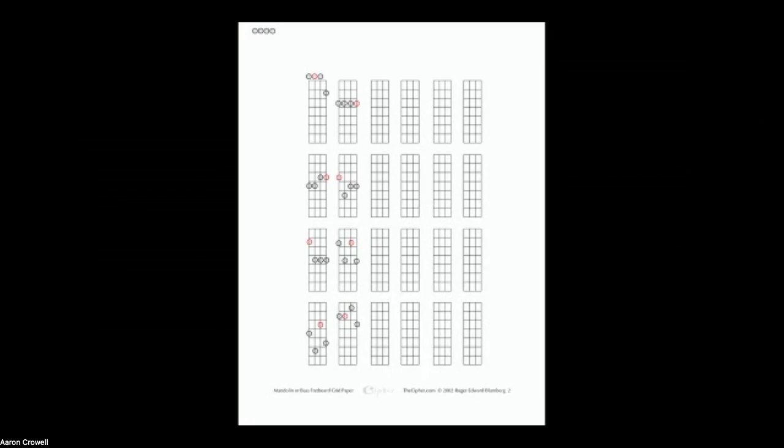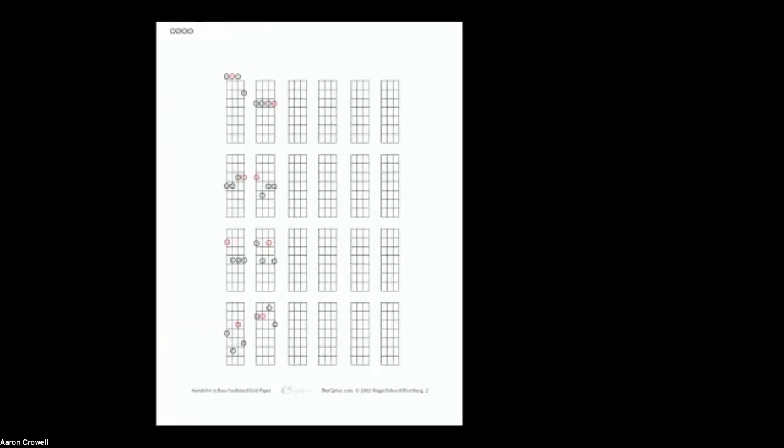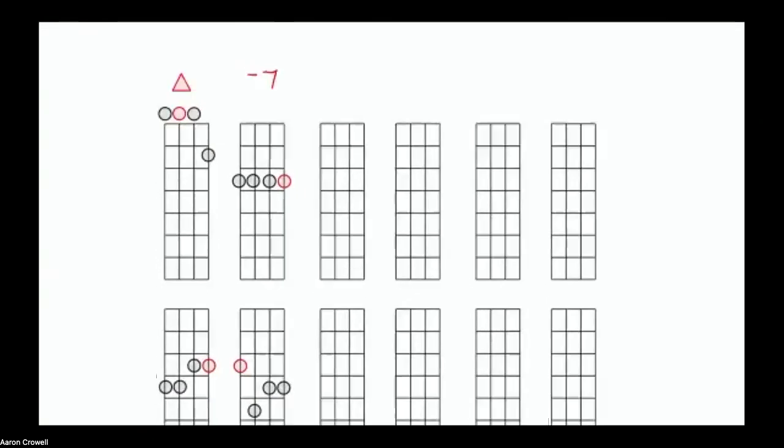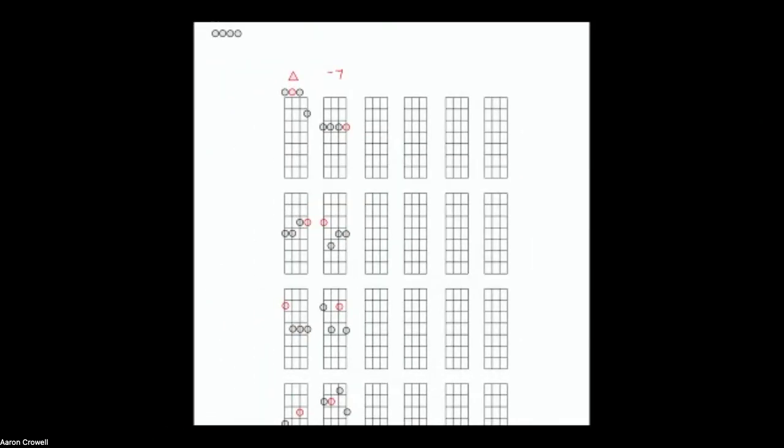So we said this was major 7, right? And this was minor 7. Now we need dominant 7, right?